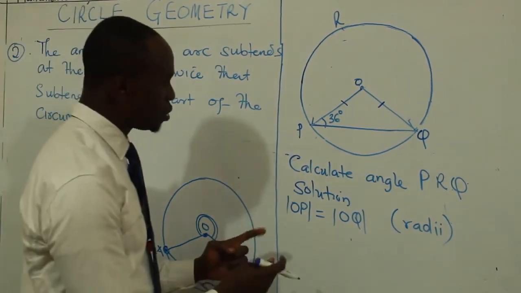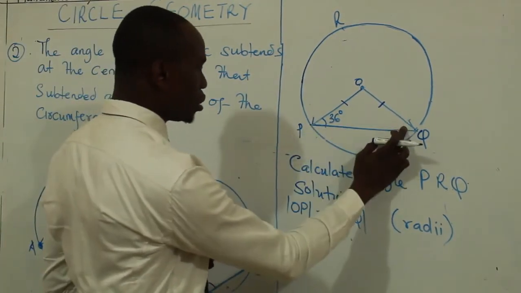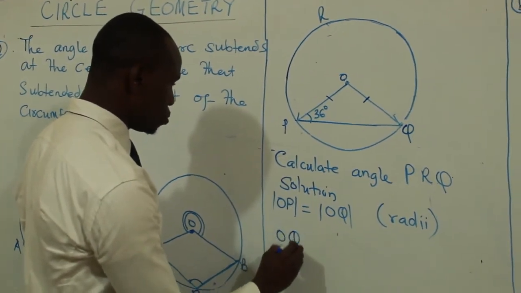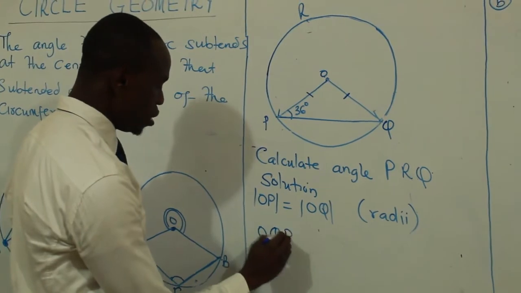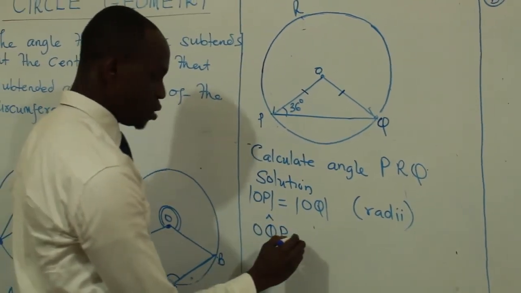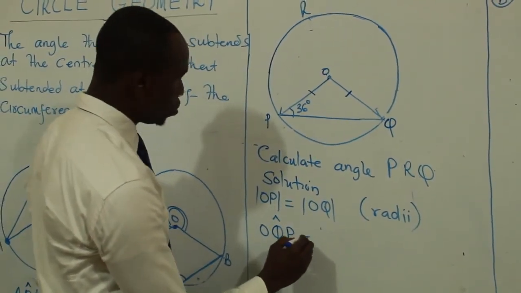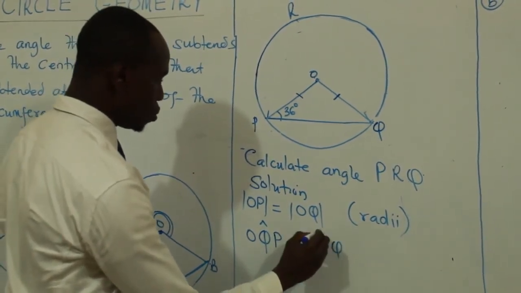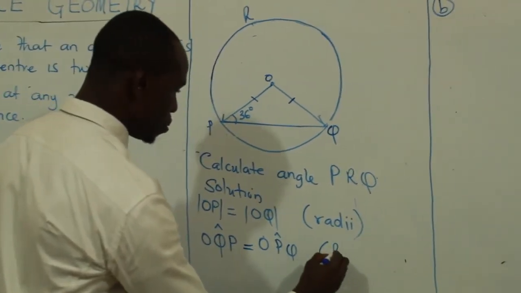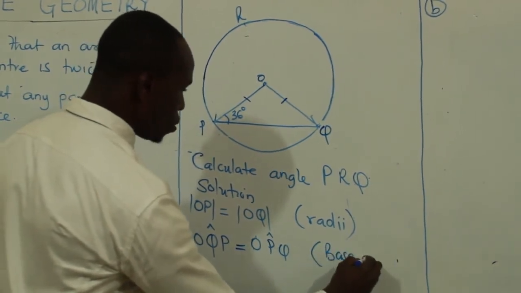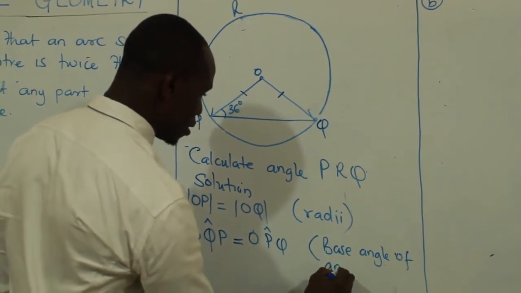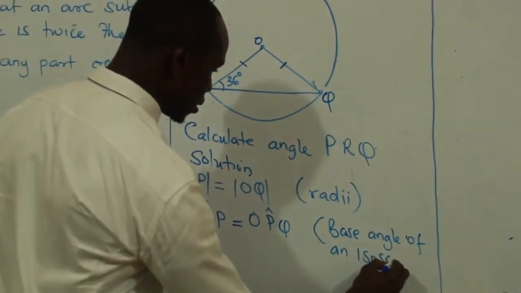So knowing that this angle is equal to this angle, we can write that angle OQP is equal to angle OPQ. The reason is base angles of an isosceles triangle.